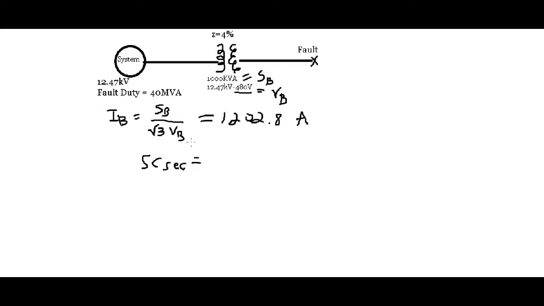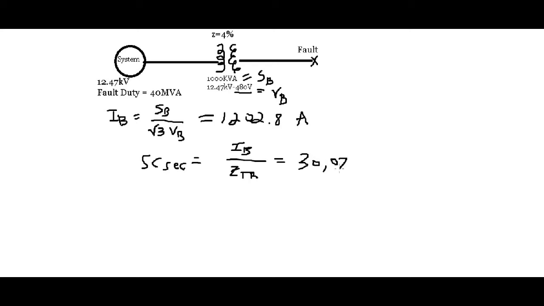And that is going to equal short circuit secondary is equal to I base divided by Z transformer, which is just the 1202.8 amps divided by 0.04, the 4% impedance.